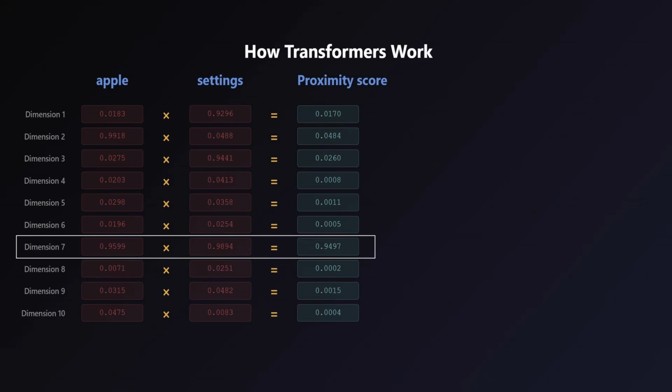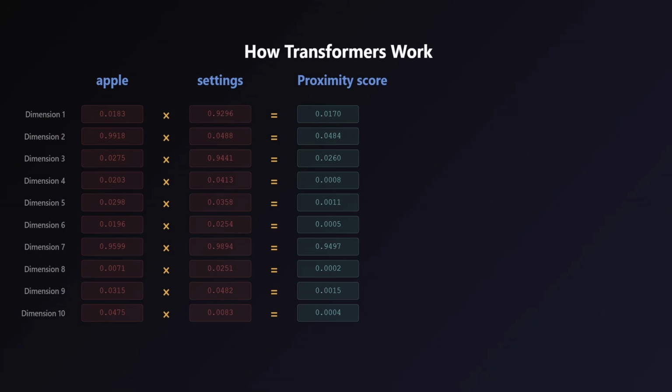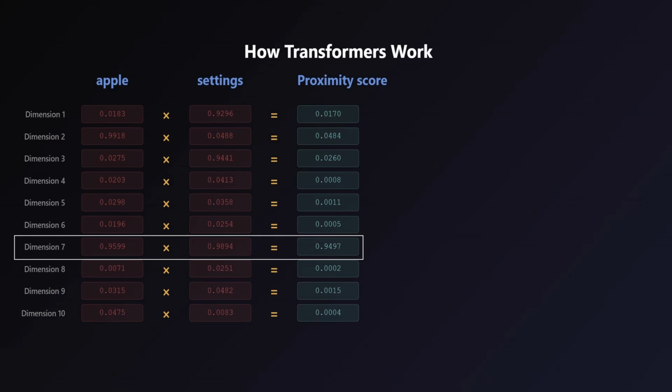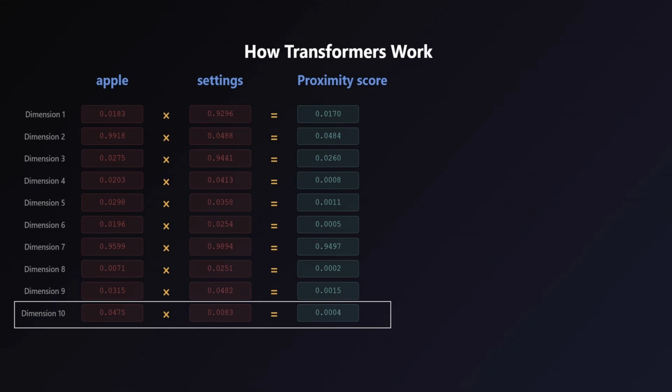Maybe dimension 7 happens to encode something like technologiness. If both words score high there, you get a strong contribution to their similarity. And if they never overlap, if one word has 0 where the other has a big value, the product is 0. 0 means 0 overlap. 0 overlap means 0 similarity. That's the whole idea. Matching highs reinforce each other, mismatches vanish instantly.